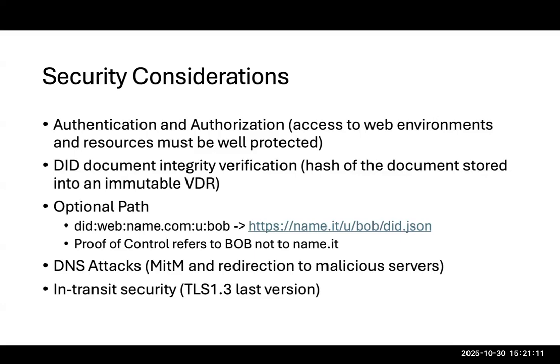That's very important because maybe the owner of the domain gives you the right to use your subfolder, so you need to pay attention that you are interacting with this particular user and not the whole domain.